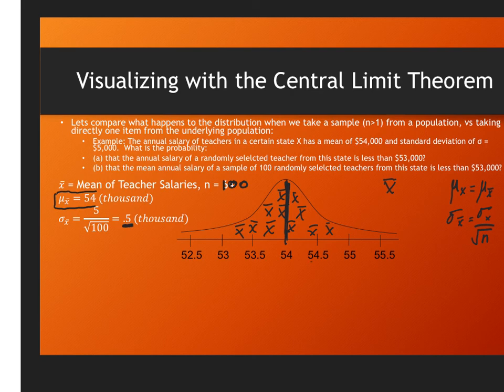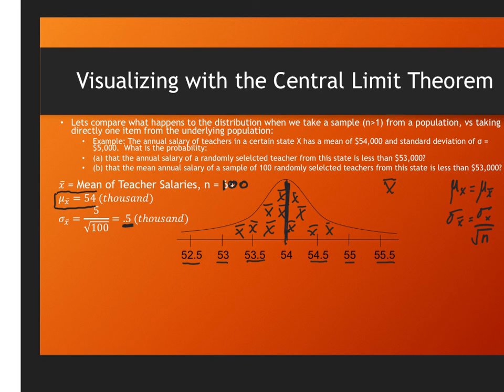I'm adding 0.5 thousand, or 500, as I move to the right. And so we have a very different spread of the data. If we go back and look at the previous spread, the samples of size 100 only spread out from 52.5 to 55.5.